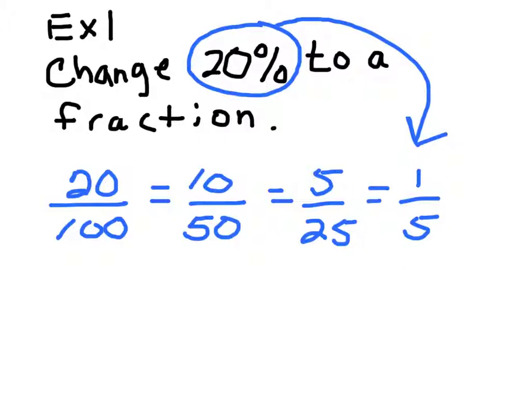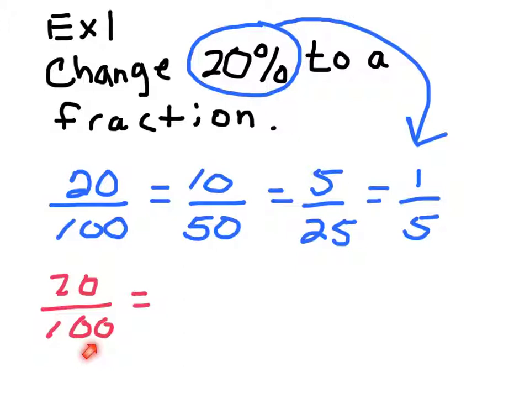Now I could have reduced 20 out of 100 a little faster way. For example, I see that both of them end in zeros. So notice that I've got a 0 here and I've got a 0 here. Anytime both numbers end in a 0, I can divide by 10.